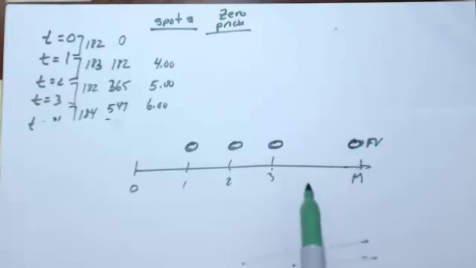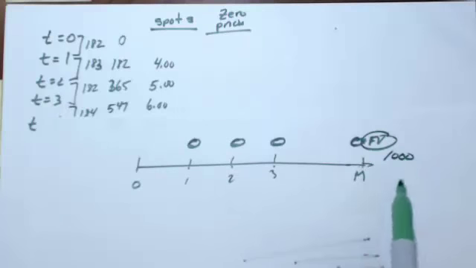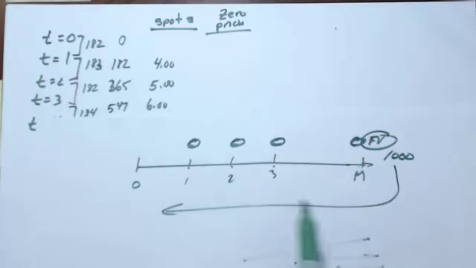So you have something that pays off $1,000, but you're really buying it based on its present value today, discounted back at the appropriate spot rate, and that would be the value today of the zero, the price of the zero.